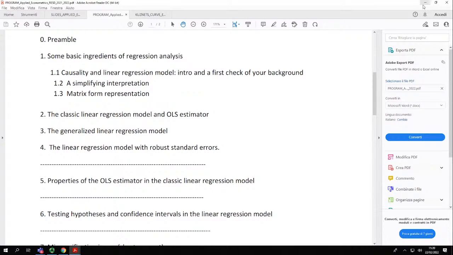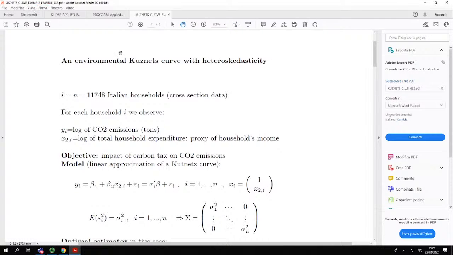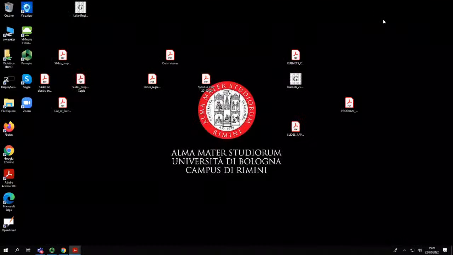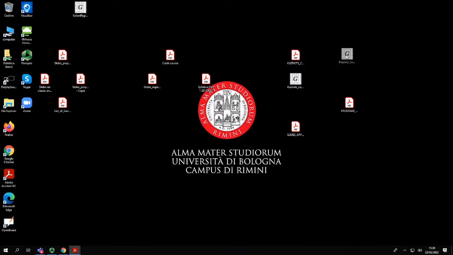The best way to do it is to discuss an example of the environmental Kuznets curve with heteroscedasticity. So I sent you this file this morning along with the following Gretl dataset, which we'll discuss very quickly.